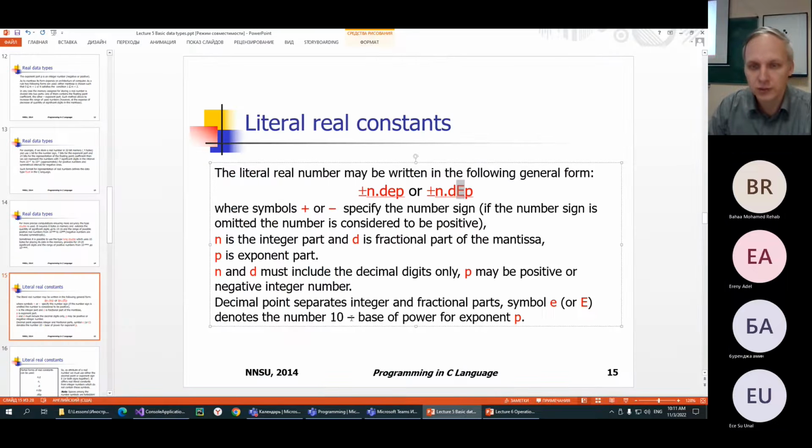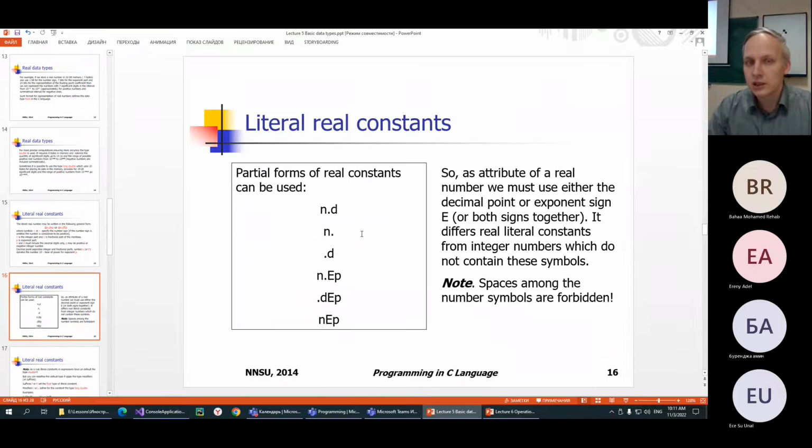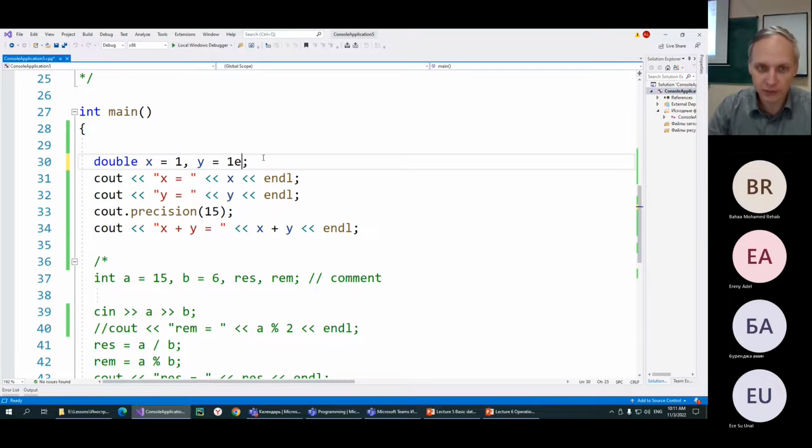Okay, let's come back to the presentation. Yes, and also you can use even a short notation for real numbers. For example, if you want to write the number 0.001, of course you can use the usual form, or for shortness you can use even this form, .001.